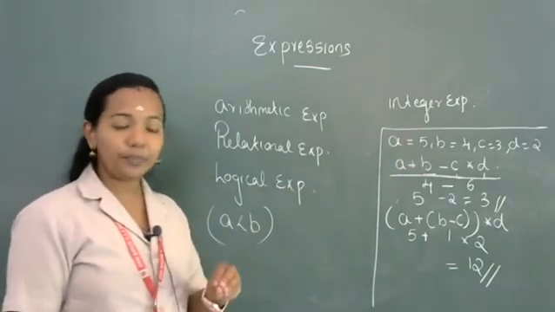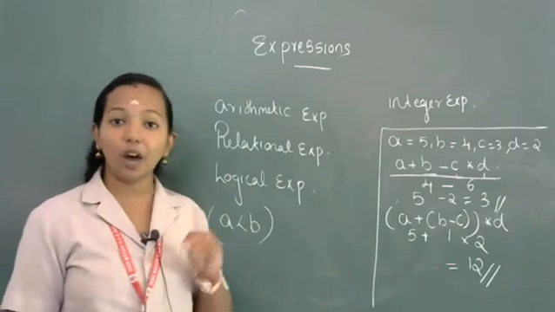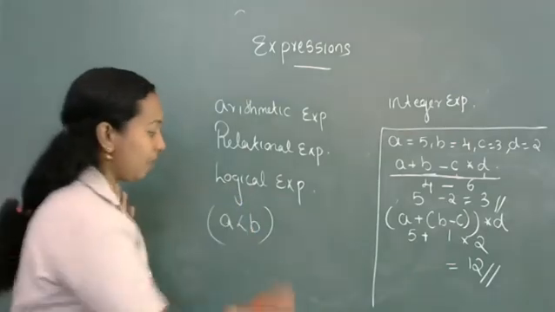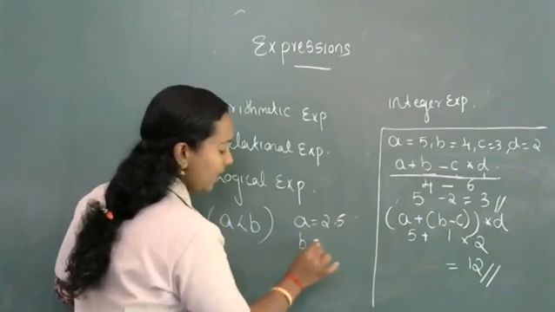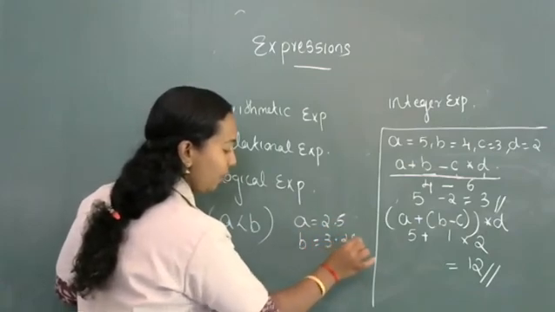Then if an expression consists of fractional numbers, for example, A is equal to 2.5, B is equal to 3.25.